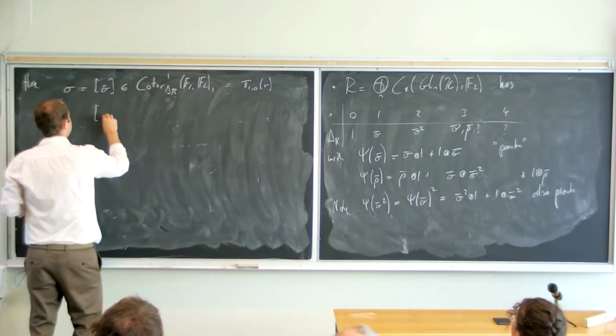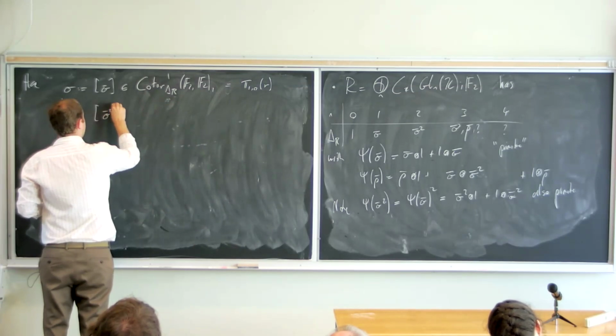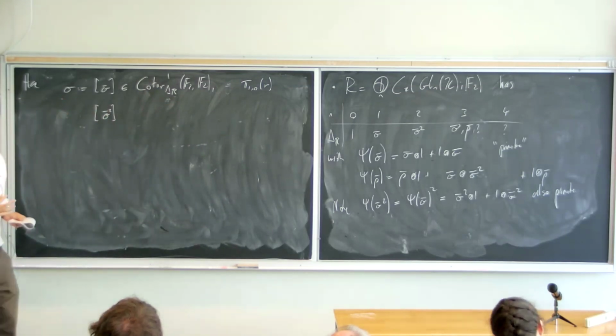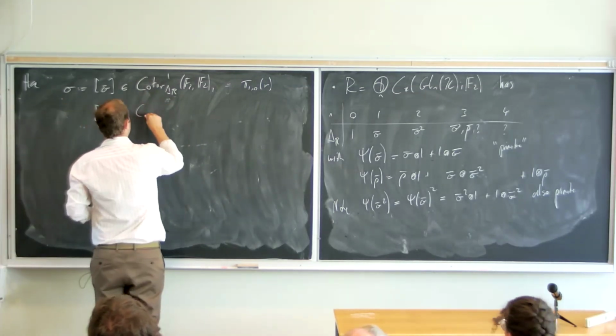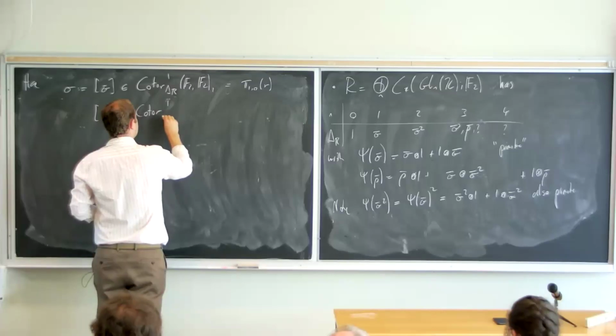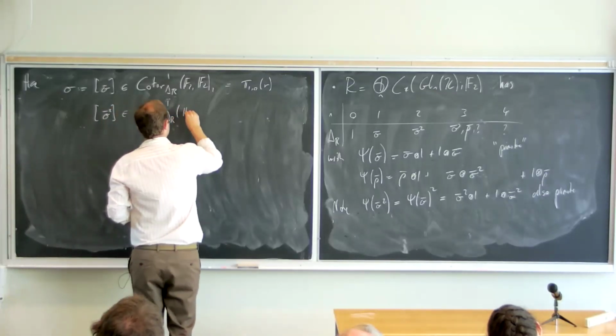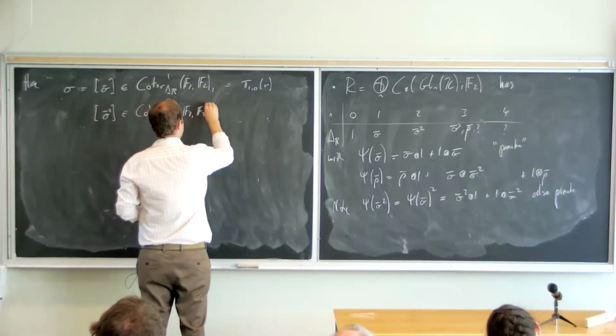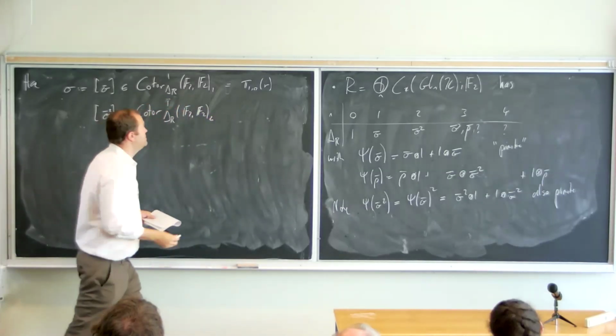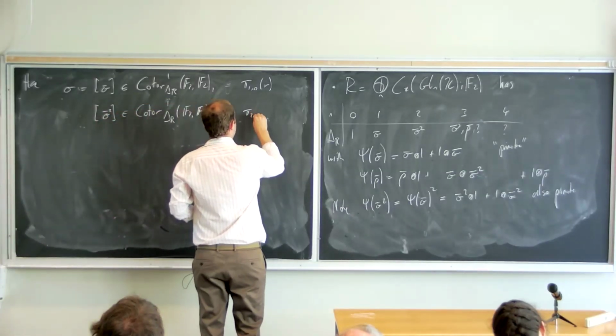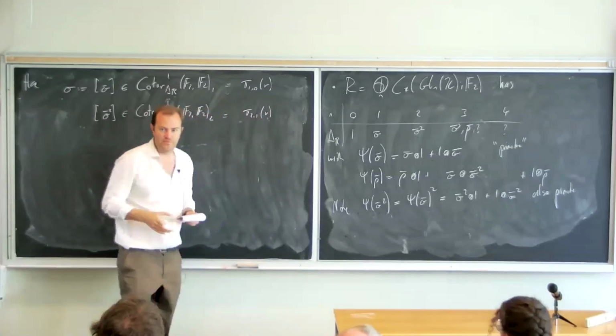There's another element. So this sigma bar squared was also primitive, so it also gives a class in Cotor1. It now has grading 2, and that will correspond to pi 2,1 little r.